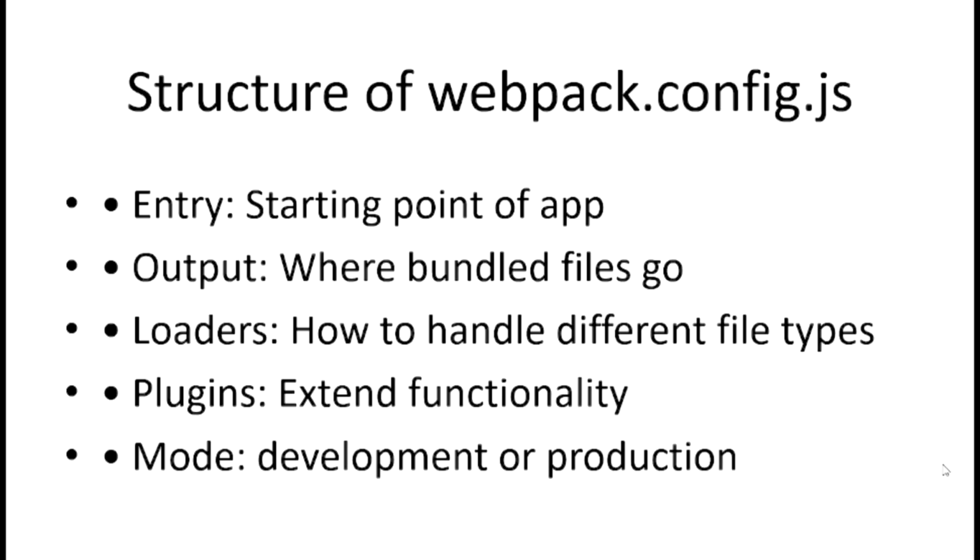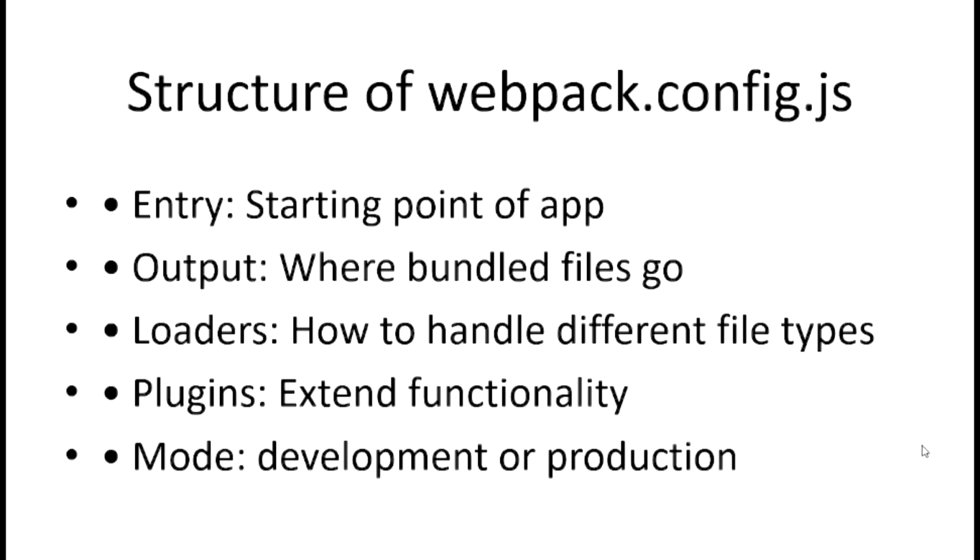So what's the structure of webpack.config.js? It is a configuration file where you define how Webpack should behave. You specify an entry point, which is the starting file of your application, typically index.js. You define the output, where the bundled code should be stored. Then come loaders, which can be used to handle files like JS, JSX, CSS, images.